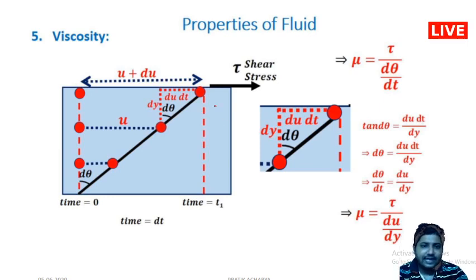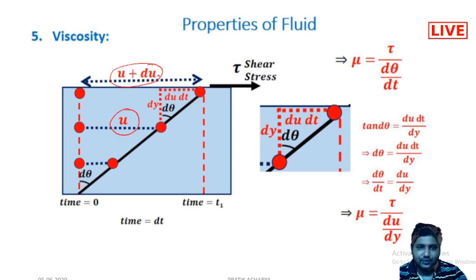Now you take a case: suppose this fluid particle has a velocity higher than this one. So this is, suppose, u plus du, and this fluid particle has a velocity u. Because of the higher velocity of the top fluid particle, it has gone some more distance. This distance is how much?